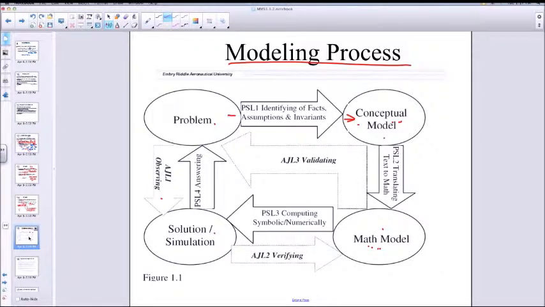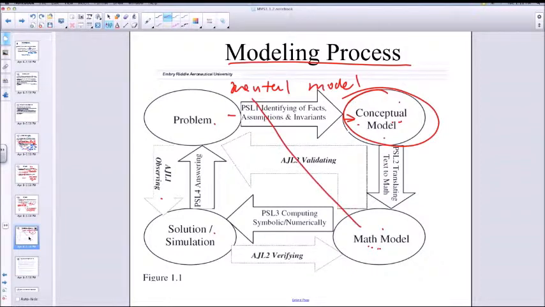2 elements distinguish this process from other processes. Number 1, we inserted the conceptual model to increase the traceability of all your procedure between your mental model to the conceptual model, then to the mathematics model. From here to here, directly, it's a long way, hard.